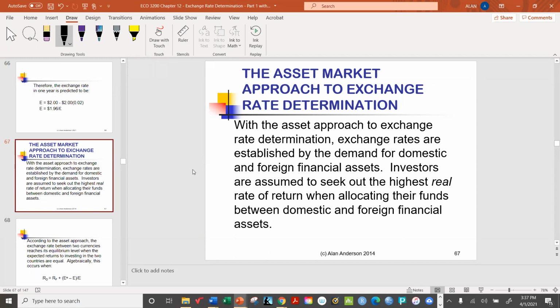So imagine yourself with the ability to buy stocks or bonds or put your money in the bank. You may decide that a better investment is simply to buy a foreign currency and hope that you'll earn a positive rate of return. How can that happen? That will depend on what interest rate you can earn in that country and if there's any change in the exchange rate. So we'll see some examples of this as we go along.